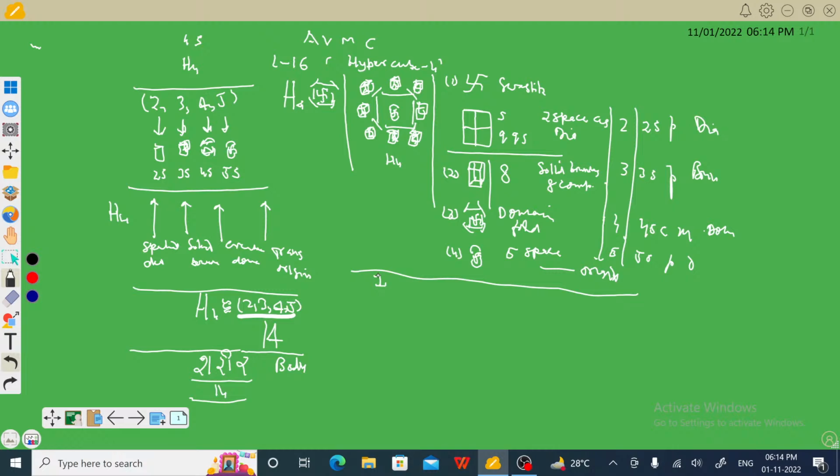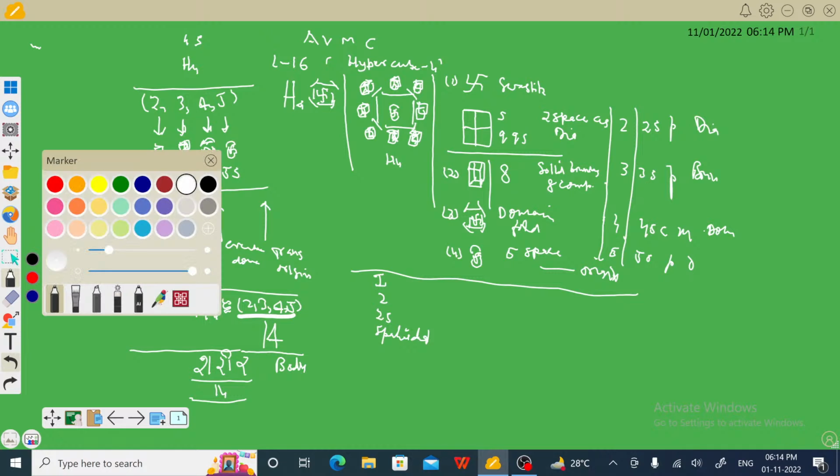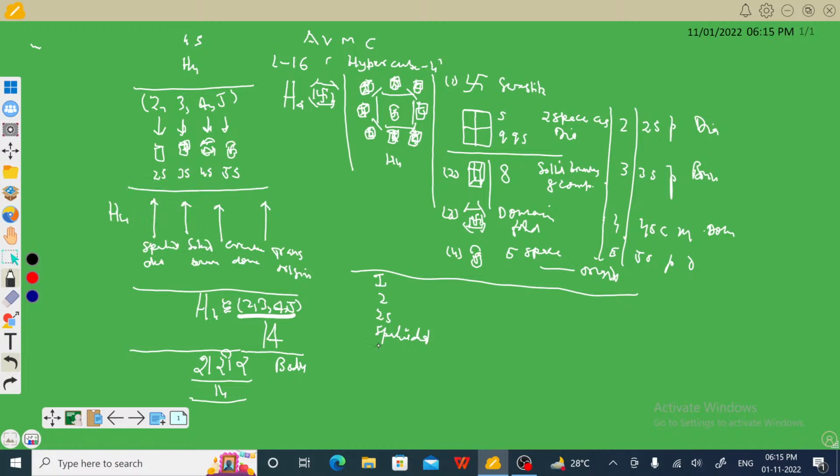That is number 2, that is 2 space, that is a spatial dimension, and being a 4 space, it has 4 spatial dimensions. So we are having 4 spatial dimensions. These together are taken as the dimensional frame of 4 space.